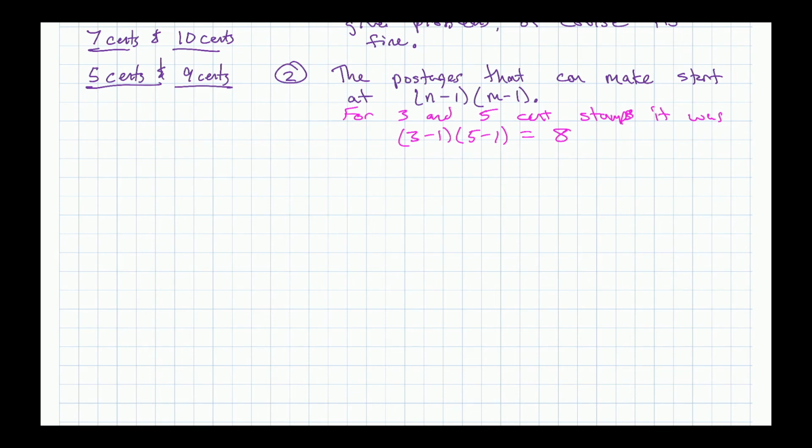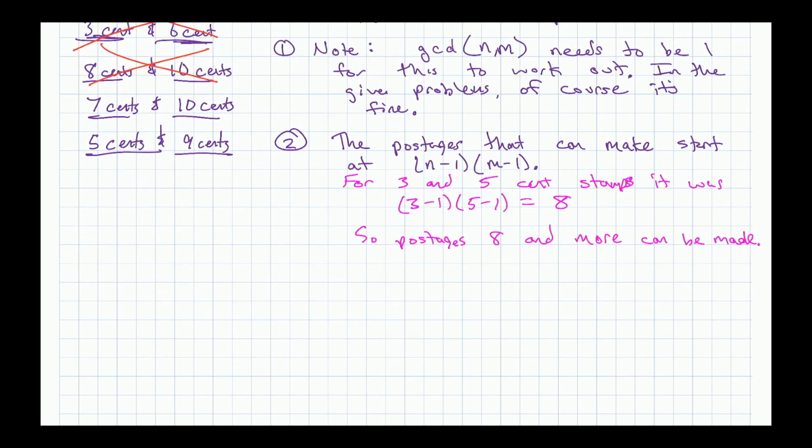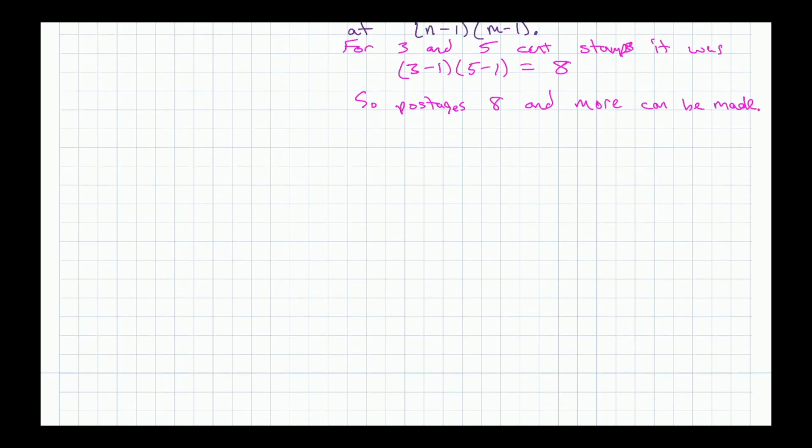And then that's where they say postages 8 and more can be made. All right, so that's where you get that number. Again, that's provided it meets that requirement in number 1. You don't have to worry about that, but it is a requirement. All right, so n minus 1, m minus 1. So you just subtract 1 from the stamps and then multiply them.